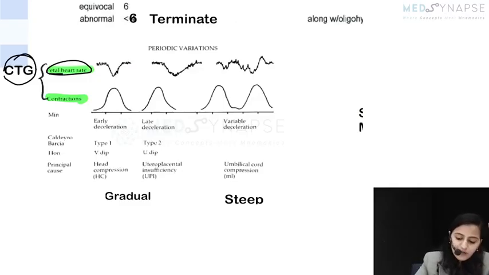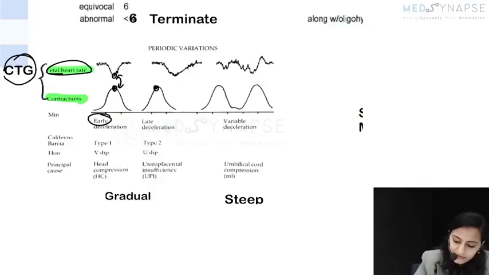So in CTG, what you see is, when the contraction is occurring, is there a deceleration? The relation of the deceleration to the contraction. If it is uterine contraction peak and the deceleration maximum depth, this is called as what deceleration? Early.